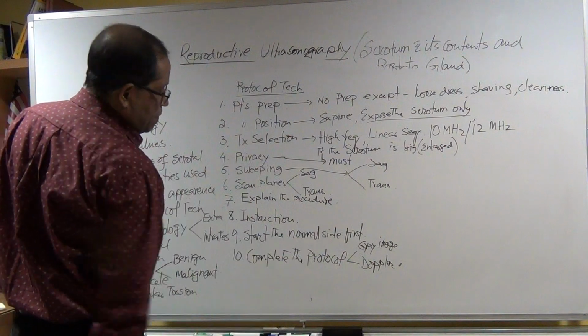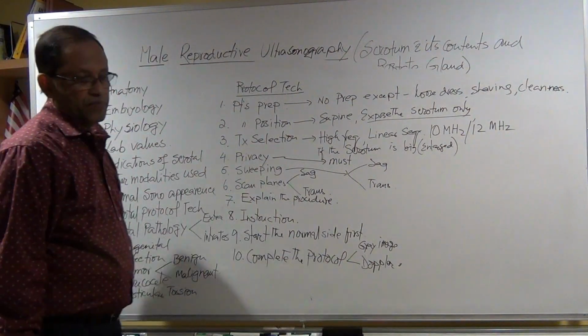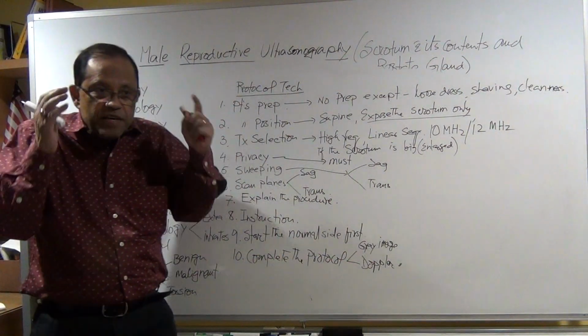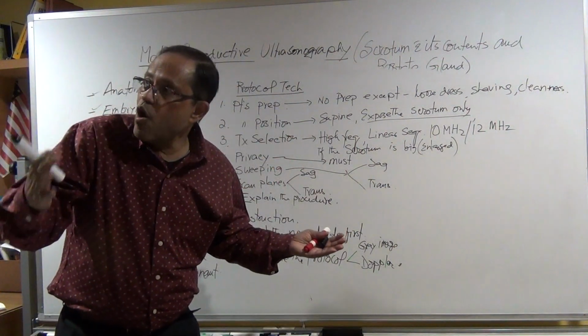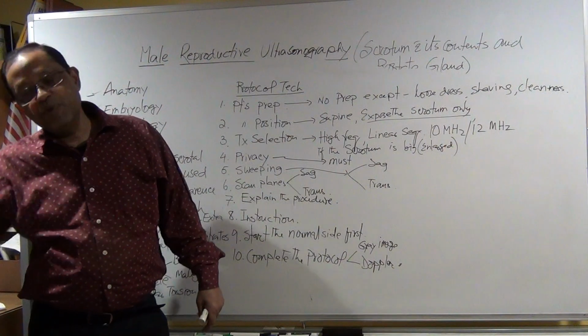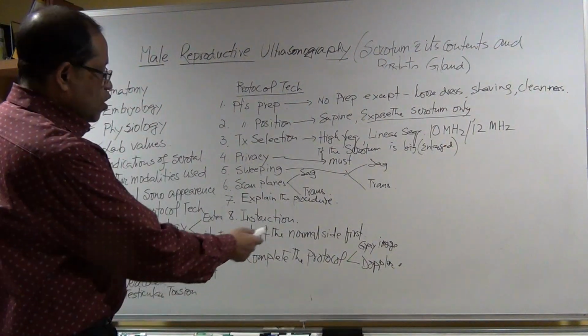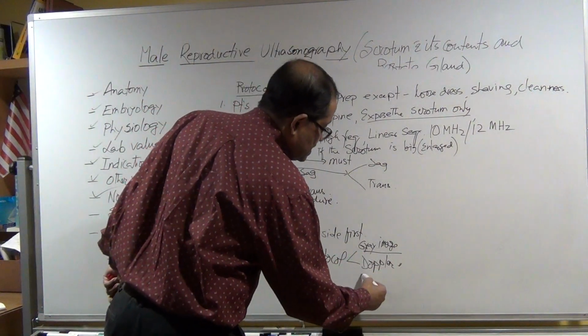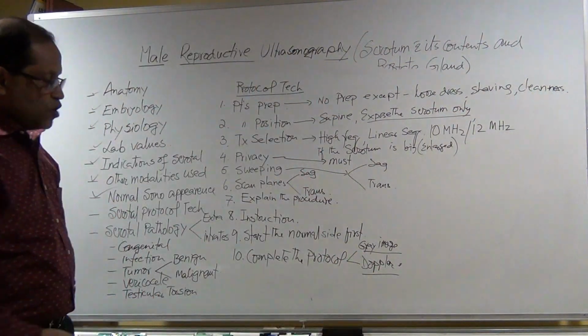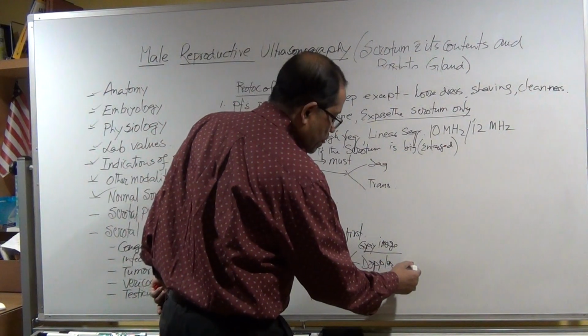And start the normal side first, because the normal side will give you the impression about the normal. Then you're going to compare the abnormal things. Then complete the protocol: grayscale images and Doppler images. In Doppler images, what do we do?